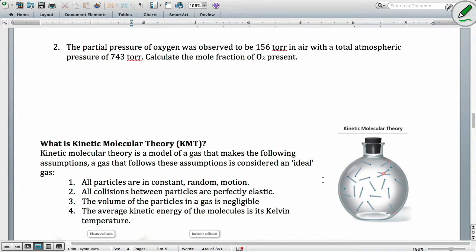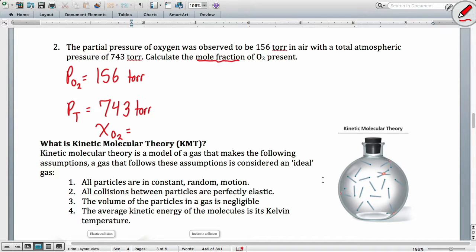The partial pressure of oxygen was observed to be 156 torr in a total atmospheric pressure, so P total, of 743 torr. And they want to know the mole fraction of O2. So what is the fraction that is O2?